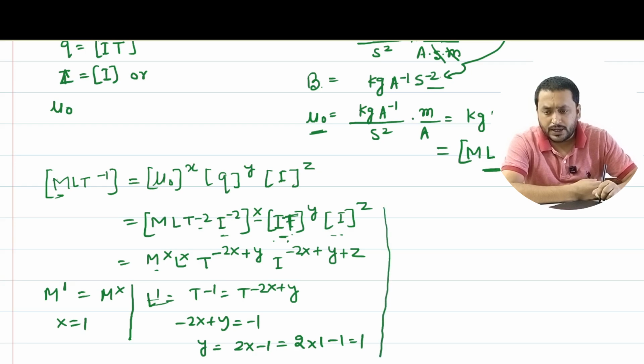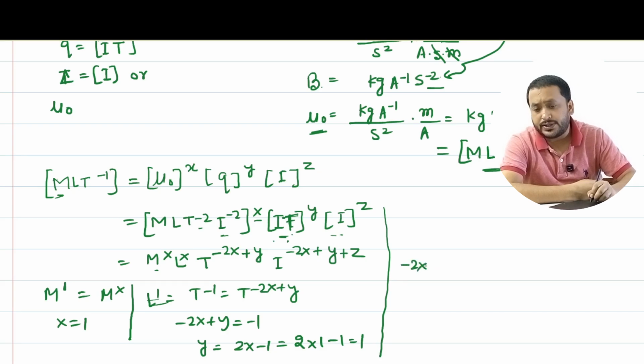And at last we can find out z. So it is I to the power minus 2x plus y plus z, and on the left hand side there is no I, so it is 0.